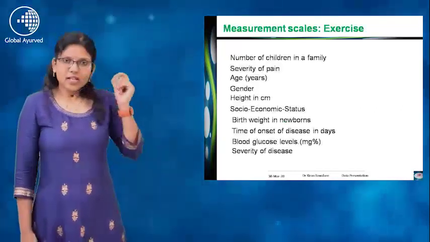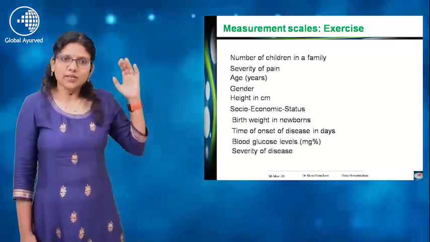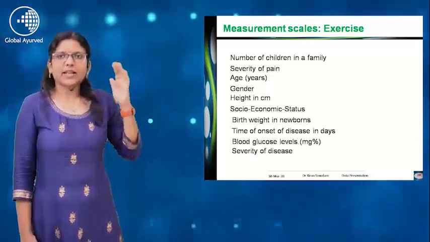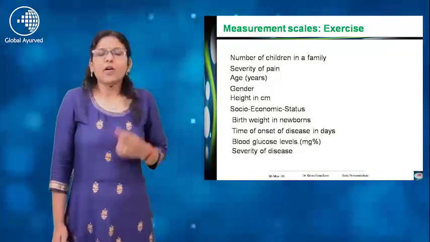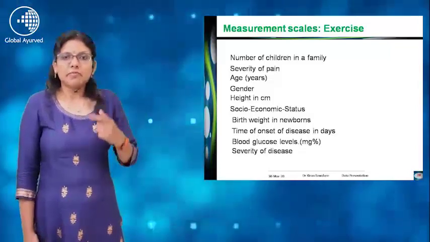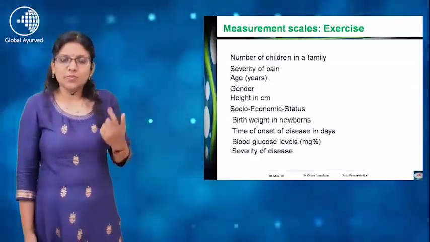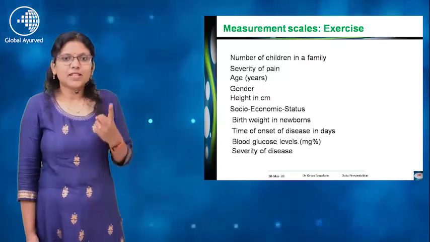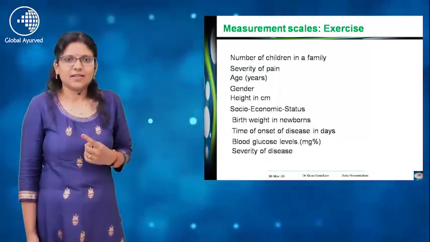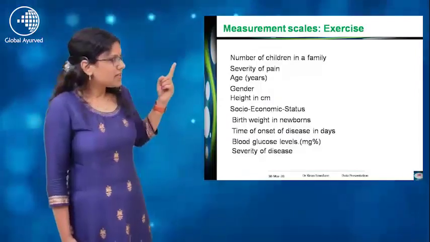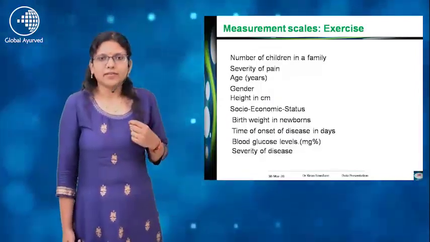So we can take a small exercise on this type of data and which scale we can use. You can also answer. First example is the number of children in family. Which type of data? Discrete data. And which scale we can use? Interval scale. Second example is the severity of pain.